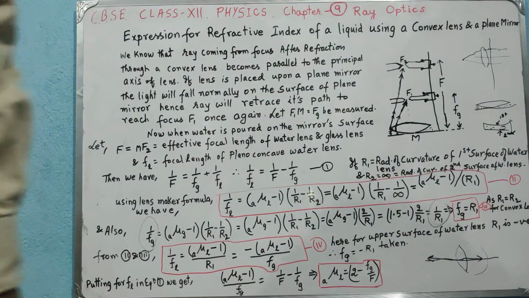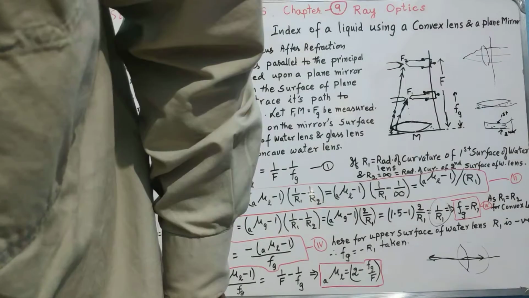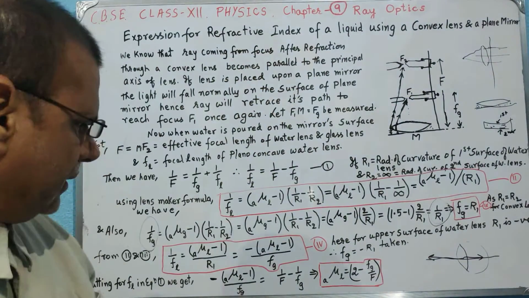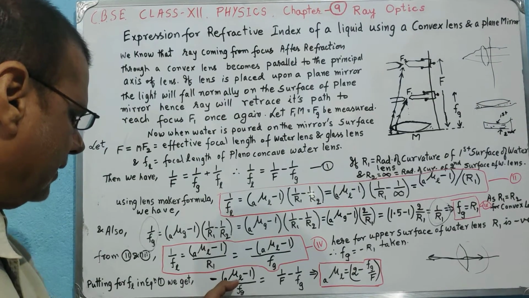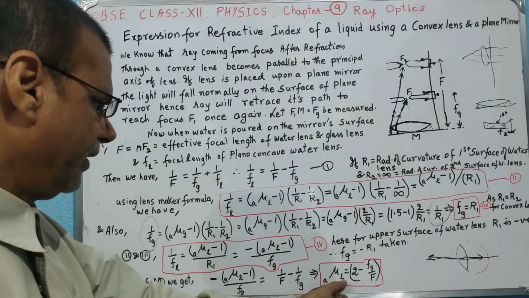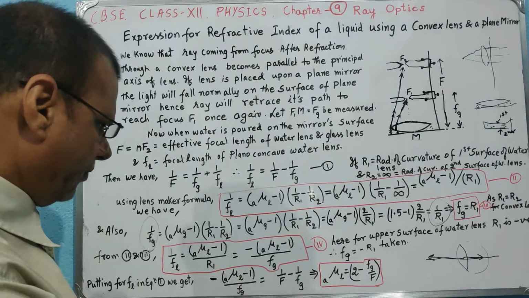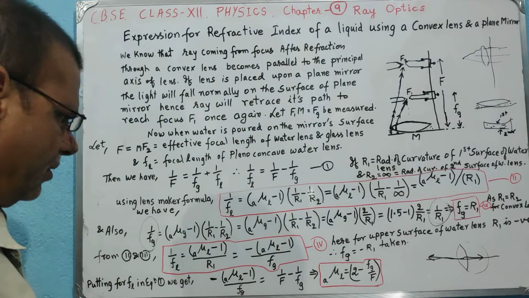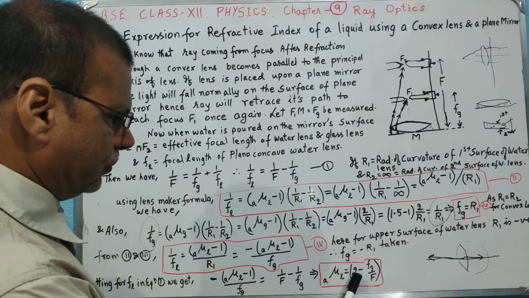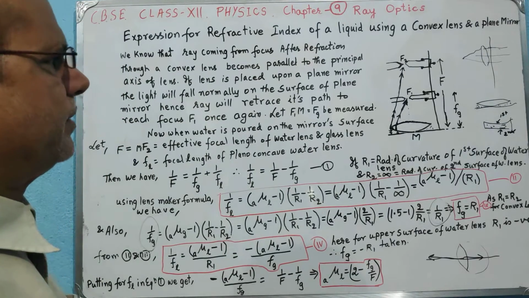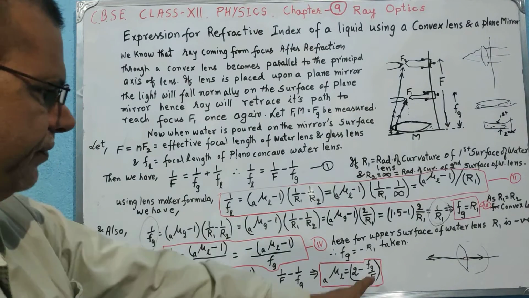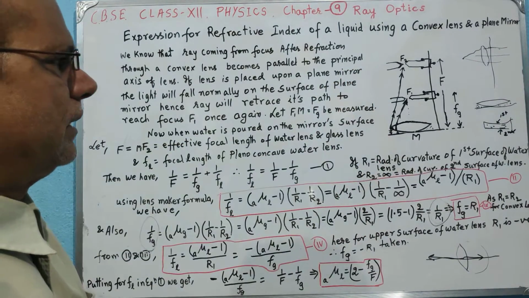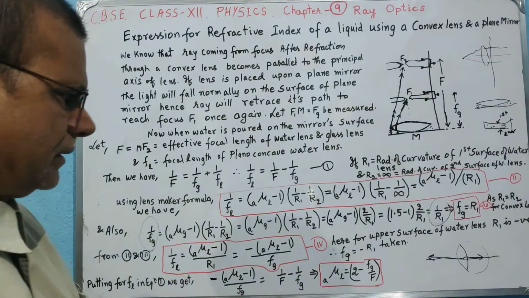Here you see that the refractive index of liquid with respect to air, on solving this expression, gives us 2 minus Fg upon F, where Fg is the focal length of the glass lens, and F, capital F, is the focal length of the combination of glass lens and water lens.